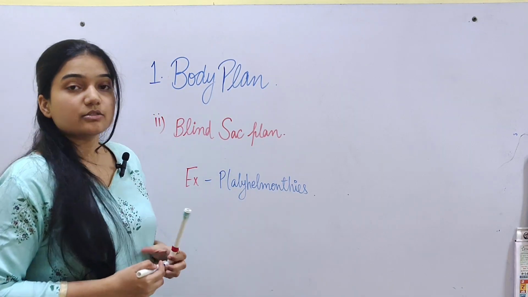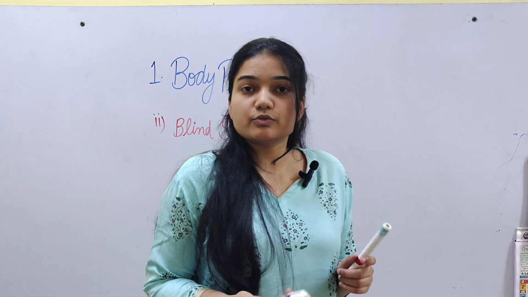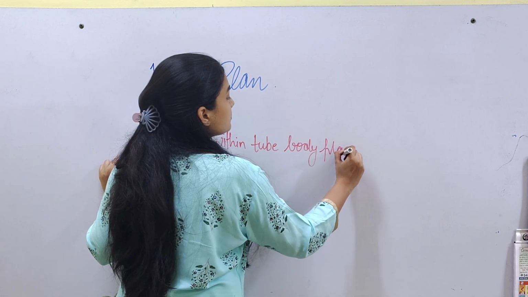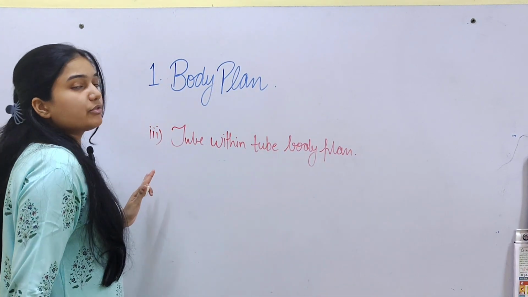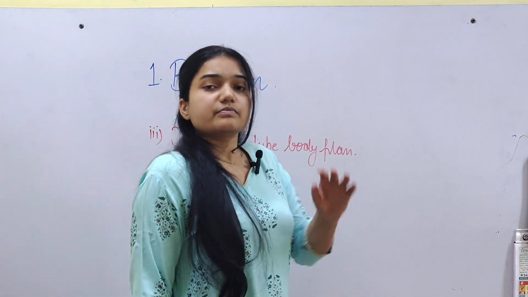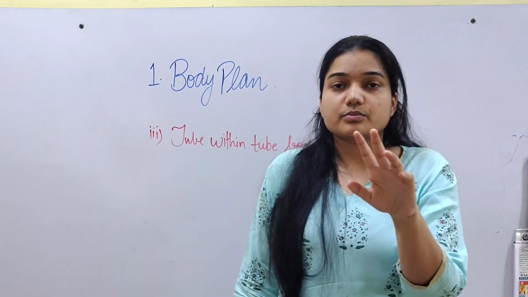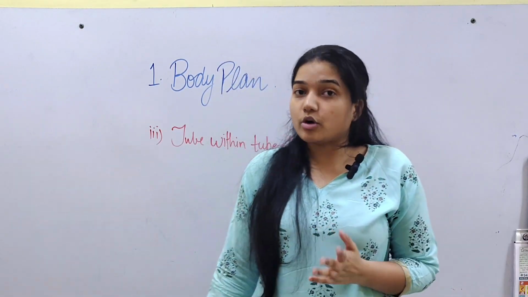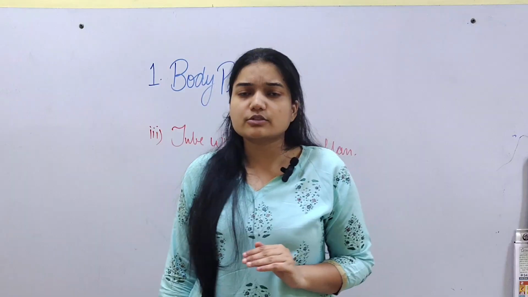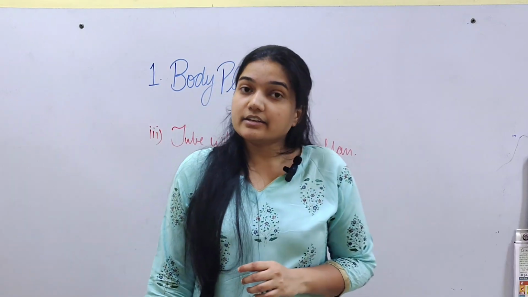Now we discuss the next body plan: the tube within tube body plan. In this type of body plan, animals have two tubes. The first tube is formed by the body wall and the second tube is formed by the digestive tract of the animal.